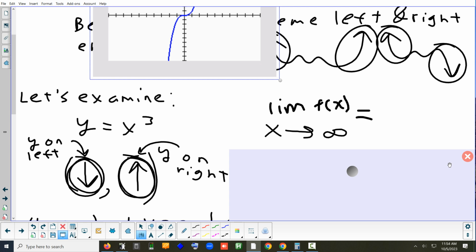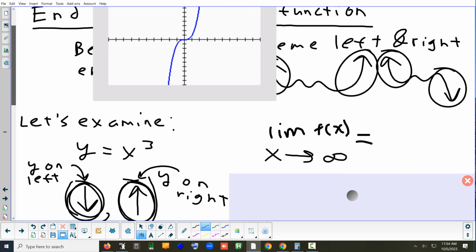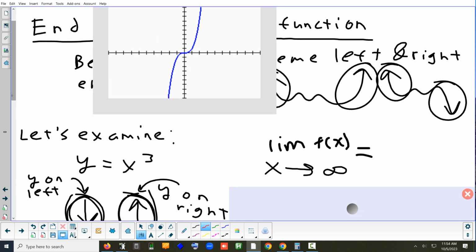Okay, what does that really mean? What's happening to y as you head further and further to the right? Look at this graph. What's happening to the y value as you head further and further to the right? It's going up, and what is it getting close to? It's getting close to positive infinity.